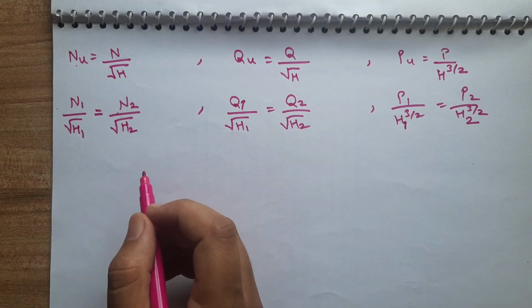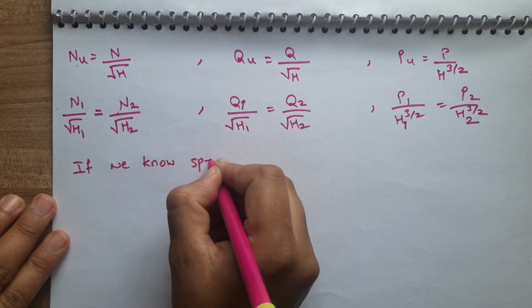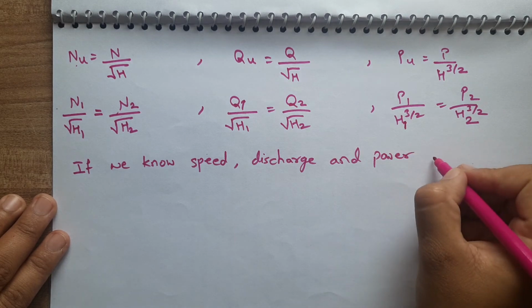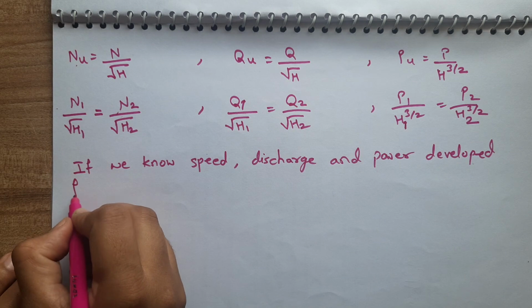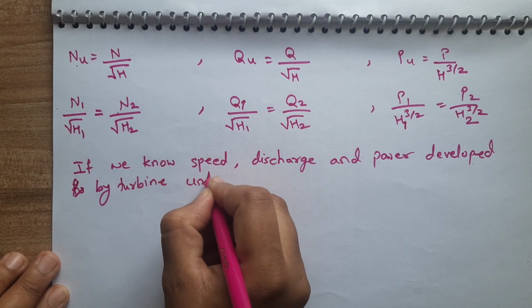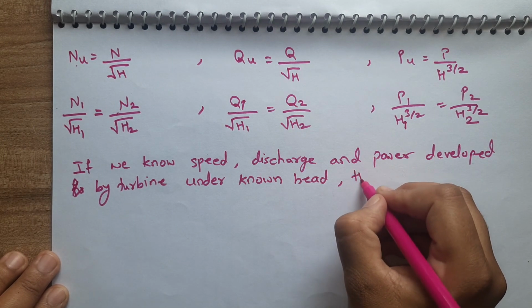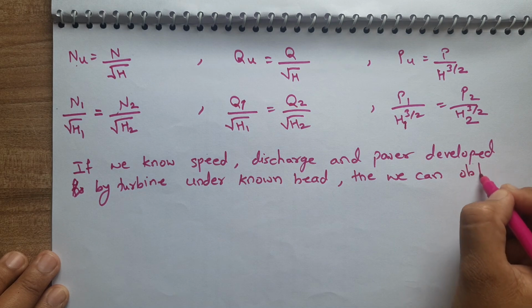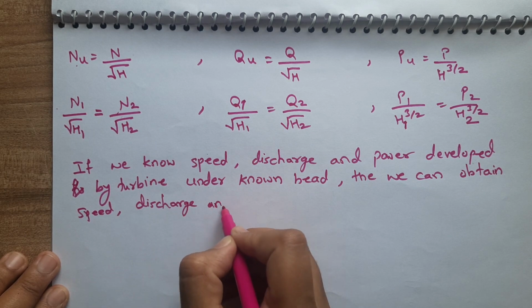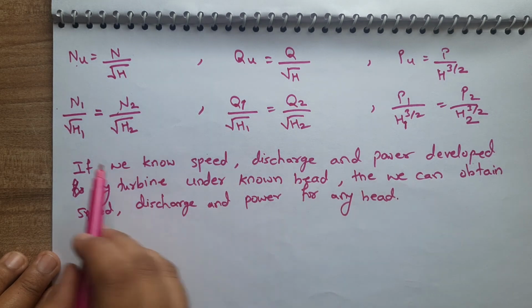So let's say if we know the speed, discharge and power developed by the turbine under a known head, then we can easily obtain the speed, discharge and power for any head by using all these three equations.